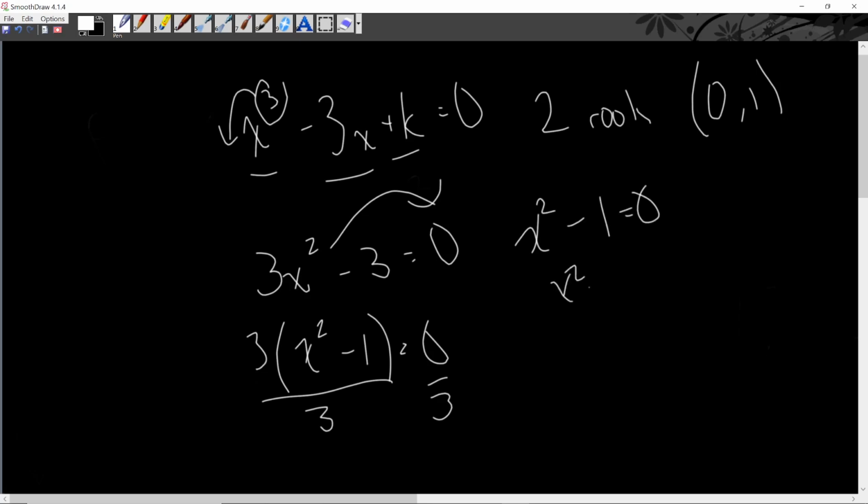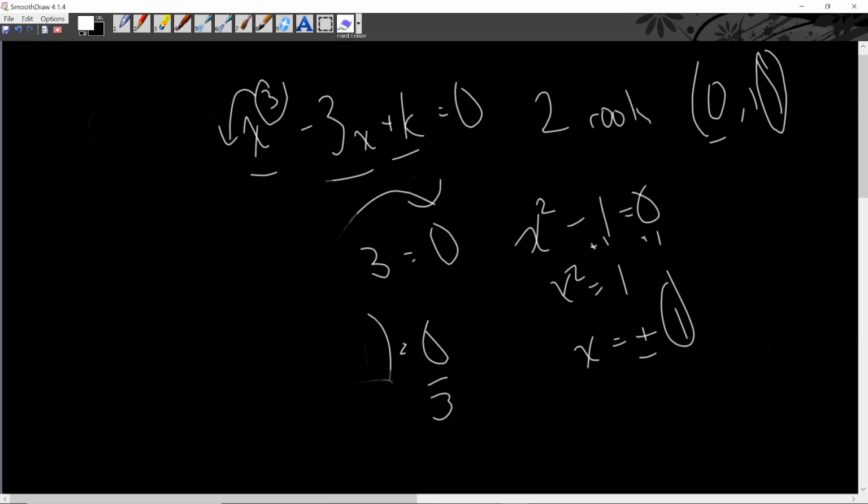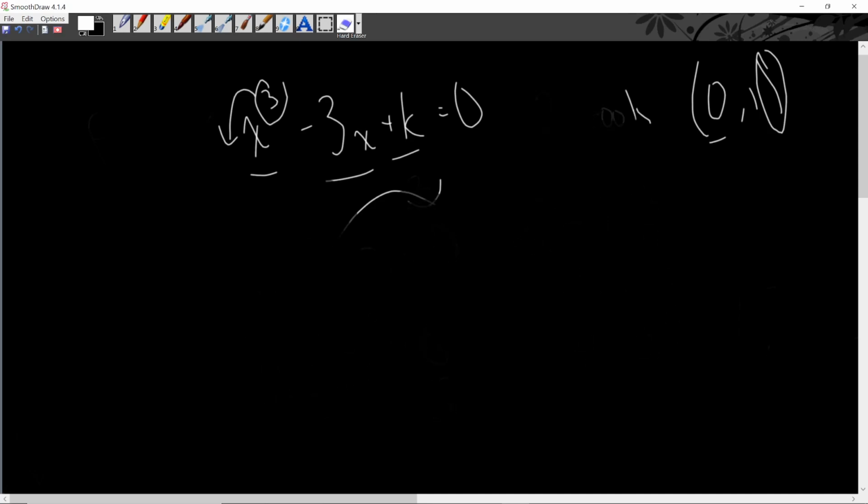So x squared equals 1 when you add 1 to both sides, and then x will equal plus or minus 1 when you take the square root of both sides. These points, 0 to 1, this is parentheses, so it's not inclusive of the positive 1, which means there are no values of k that satisfy this, because the roots will be negative 1 and positive 1, and 1 does not get included when you have open parentheses. Okay?